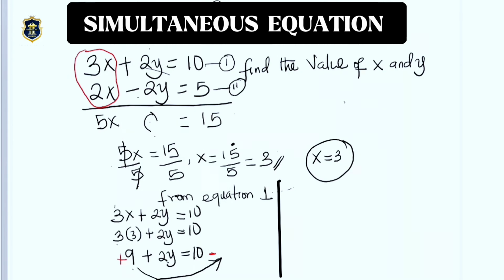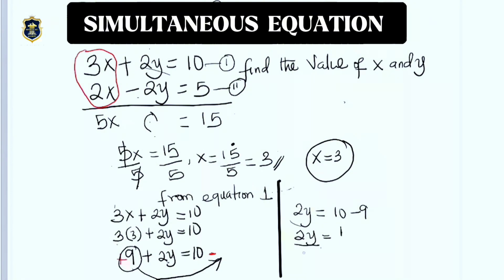So what do we do now? We rewrite our equation. Since we're trying to take plus 9 off here, we'll be left with 2y equal to 10 minus 9. The reason we have minus is that it crossed the equal sign. Now we're left with 2y equal to 10 minus 9, which is 1.